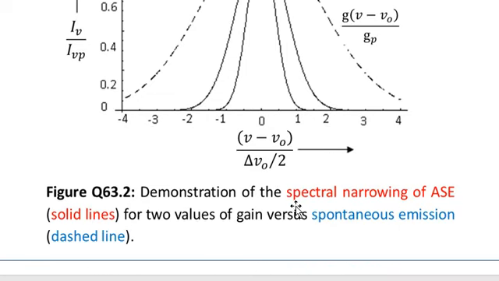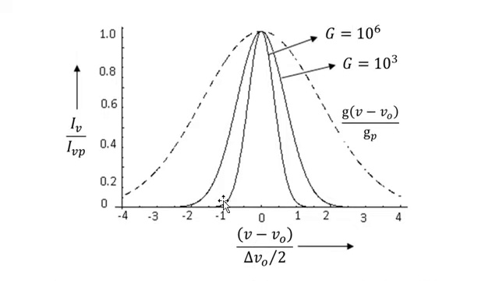The caption is a demonstration of the spectral narrowing of the amplified stimulated emission. Solid lines represent the stimulated emission for two values of gain, versus the spontaneous emission represented by the dashed line. So ASE, that is the amplified stimulated emission, is represented by the solid lines for these two values of gain, and the dotted and dashed line is the spontaneous emission line.